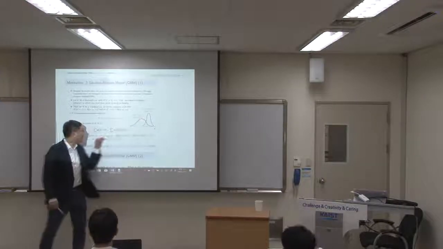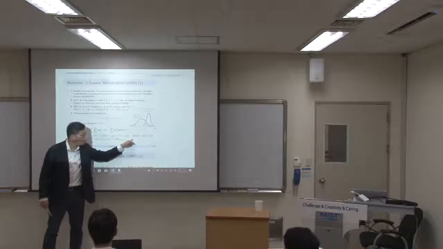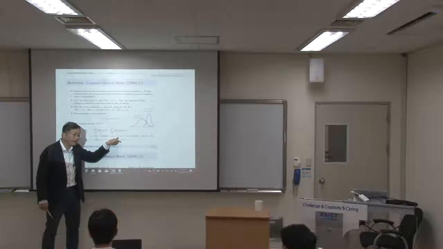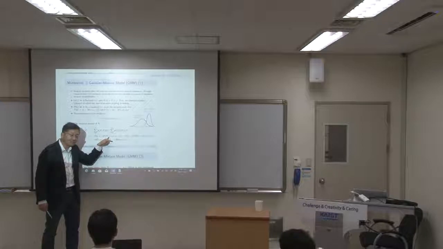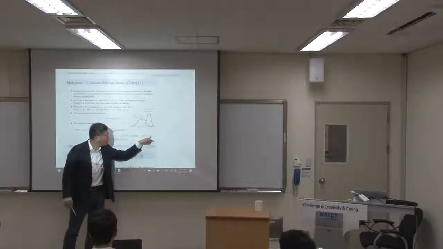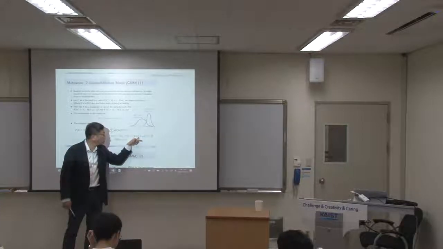I call the red one class 1 and the blue one class 2. Class 1 is the probability I choose; given it's class 1, I use class 1 parameters to get my x. Class 2 with this probability; if it's class 2, I use the class 2 parameters to get x.